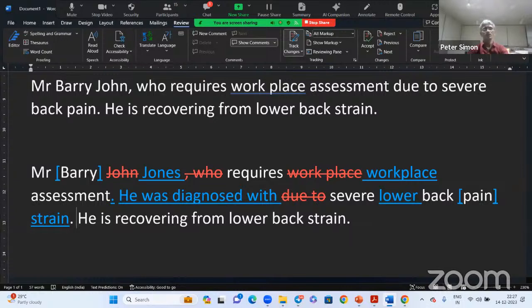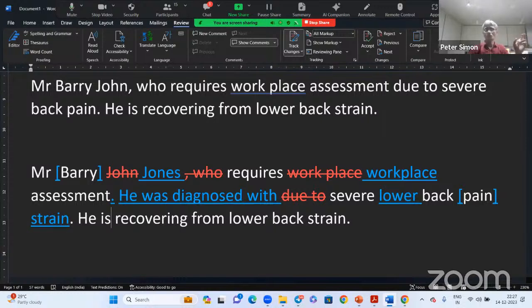Next one. He is recovering. Now, what do you mean by "is recovering"? That means 1 hour ago he was not recovering. 3 hours ago he was not recovering. 1 day before he was not recovering. What do you mean by he is recovering? That means now he is recovering. 1 minute before, 2 minutes before, he was not recovering.